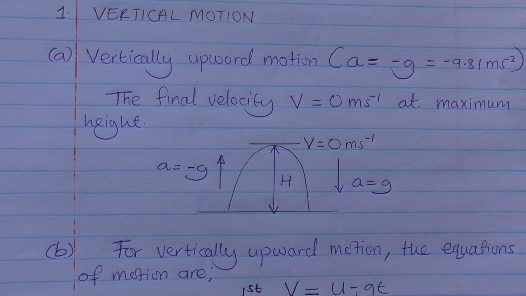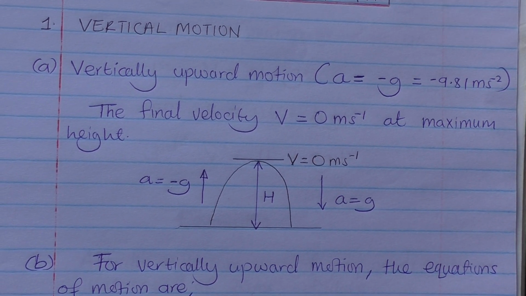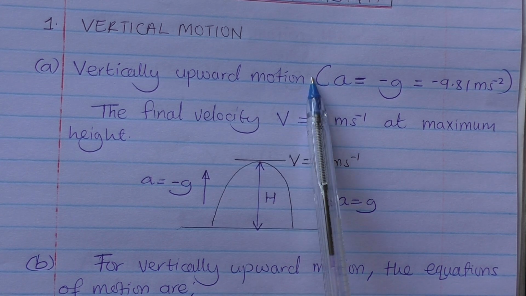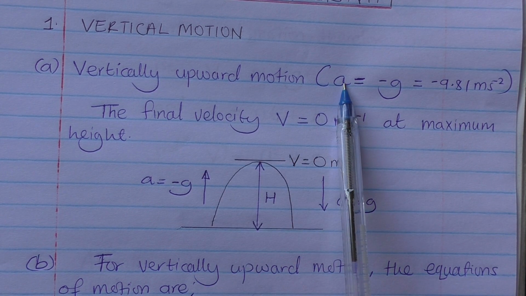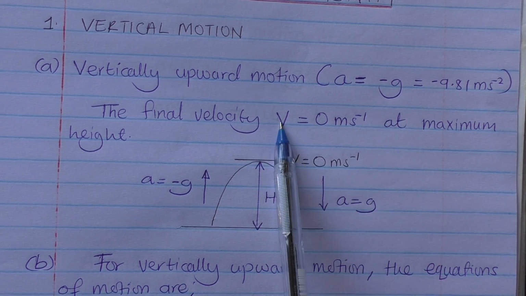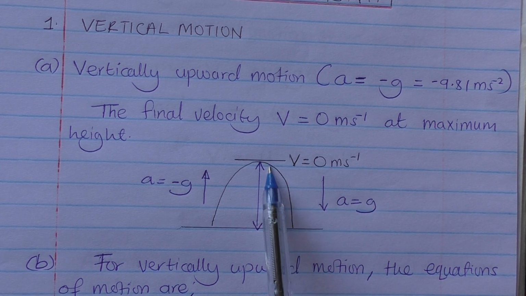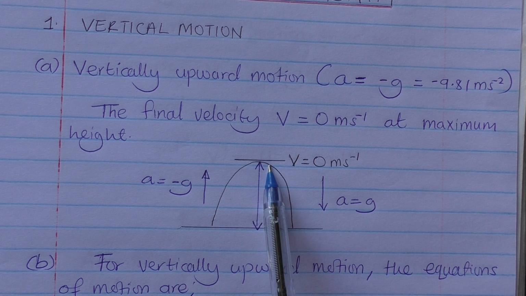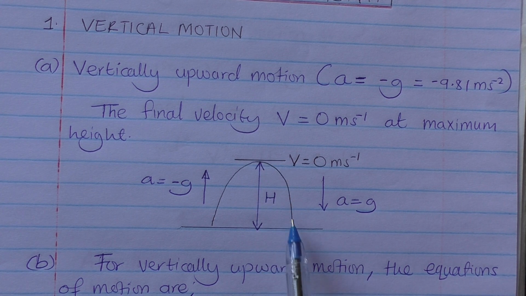upward or motion downward. During the upward motion, the acceleration equals negative g, simply because the body is against gravity, and the body's velocity goes on decreasing until it becomes zero when the body is at maximum height, and then the body will be forced to come back down.